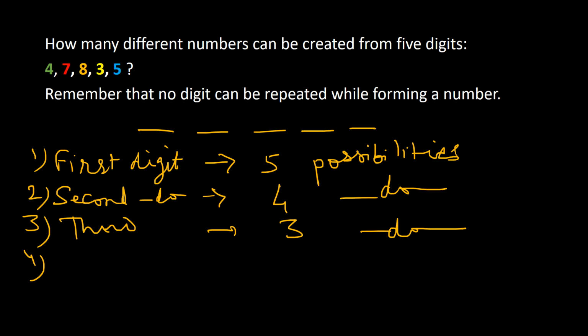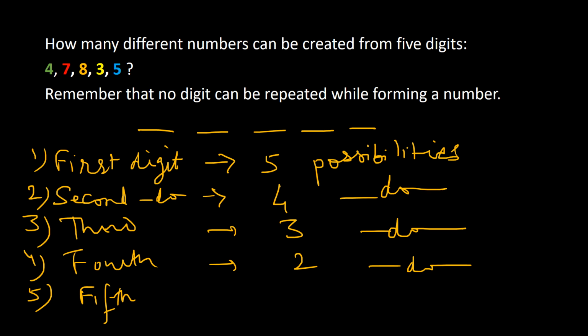For the fourth digit, there are 2 possibilities, and for the fifth digit of the 5-digit number, there is only one possibility, because once 4 digits are already occupied, only one digit is left, so there is only one possibility.